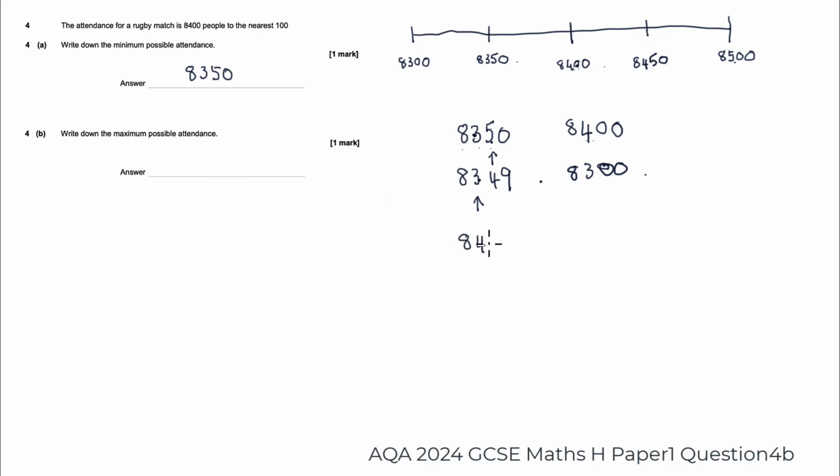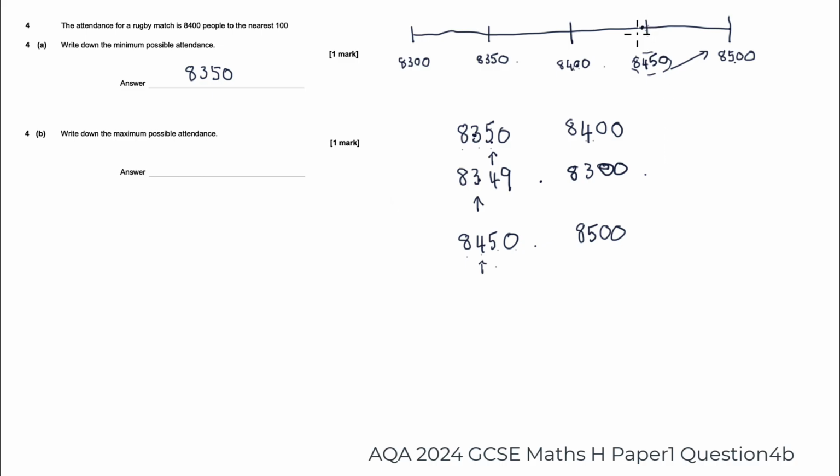However, think what happens if we round off 8,450 to the nearest 100. We'd be chopping a 5 off, so that 4 would move up to 8,500. So this number belongs there. So we would have to go one smaller.